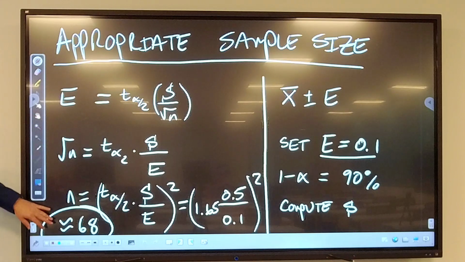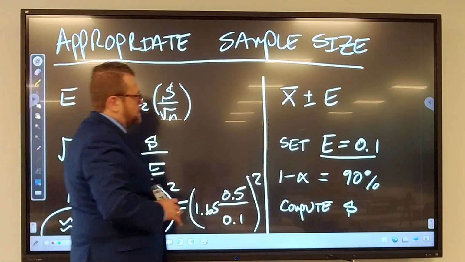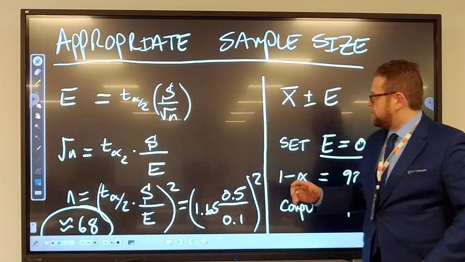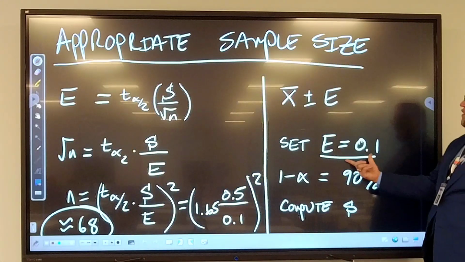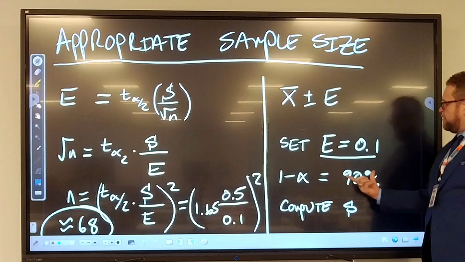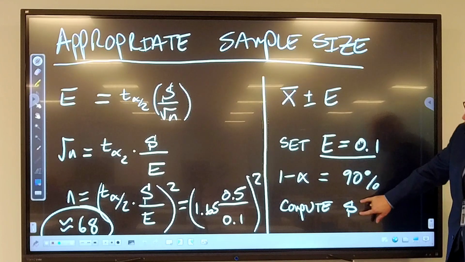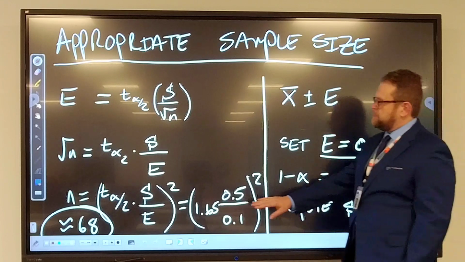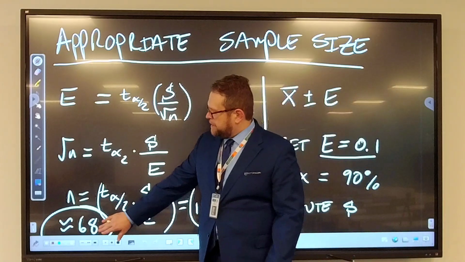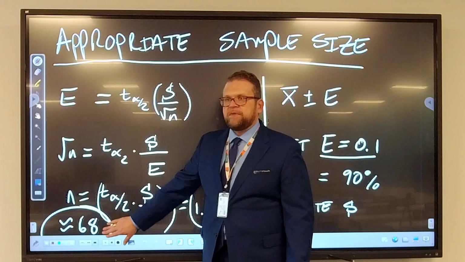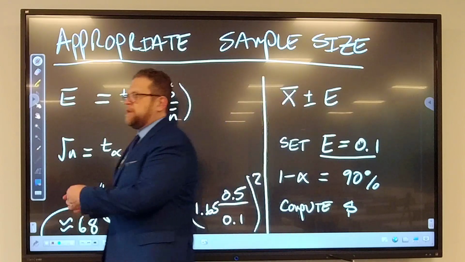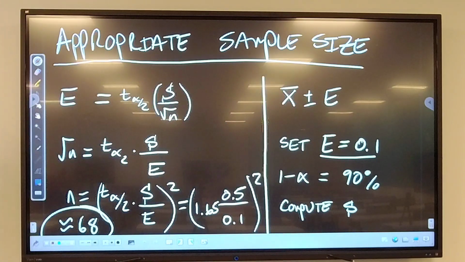We'll do this again. So yeah, given some maximum amount of error I'm willing to accept for a specific amount of confidence, if I know my sample standard deviation, I can tell you how many people need to be in the sample. And this is what they would use to decide how many people we need to have in our study, this computation.